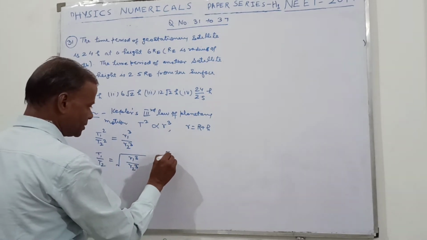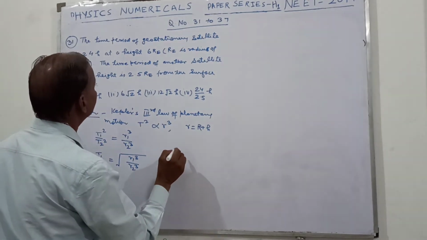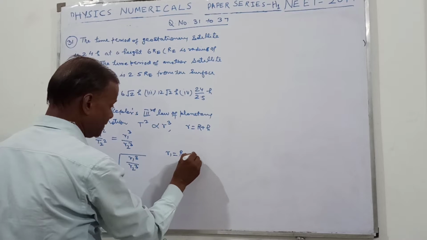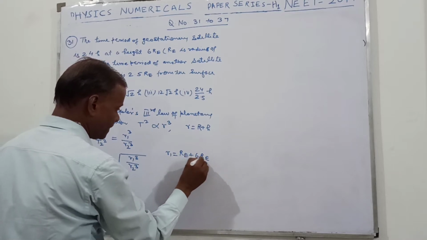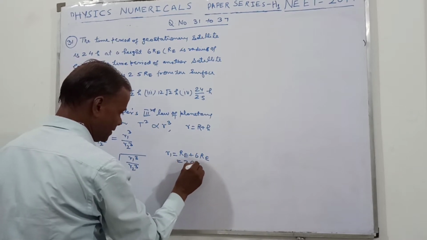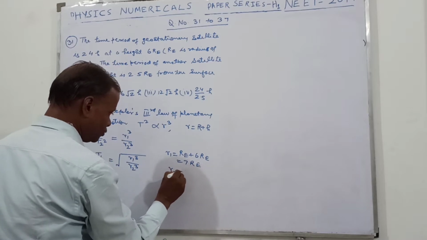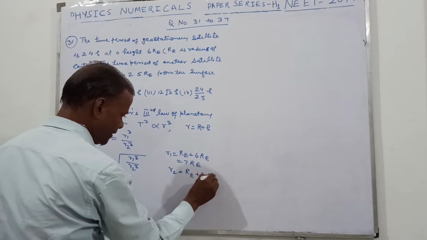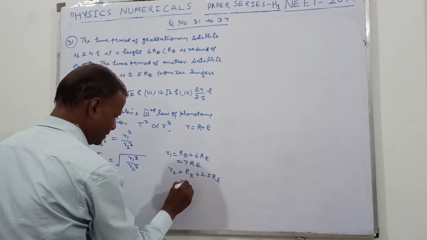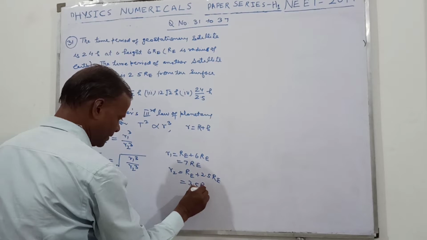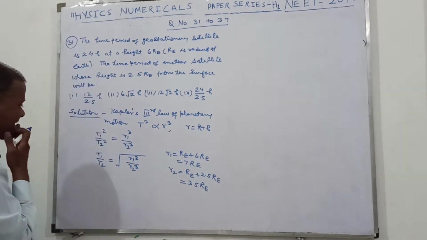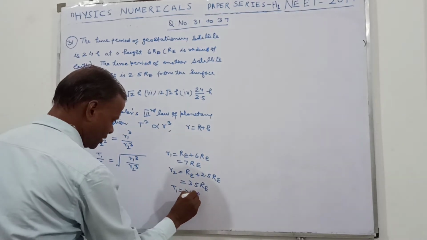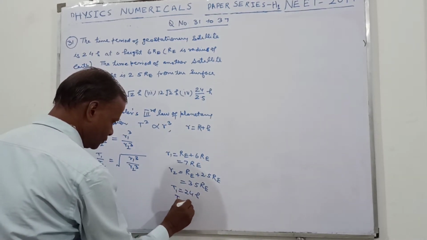Now here R1 is RE plus height 6 RE, which equals 7 RE, and R2 is RE plus 2.5 RE, which is 3.5 RE. T1 is 24 hours and T2 you have to find.